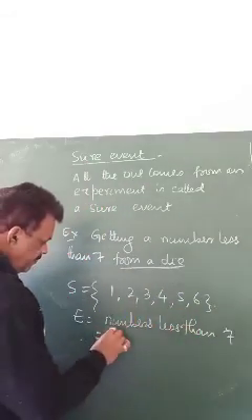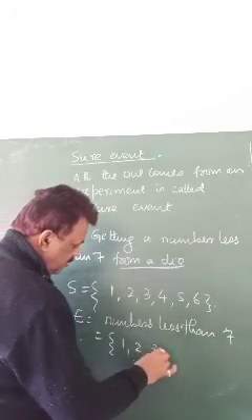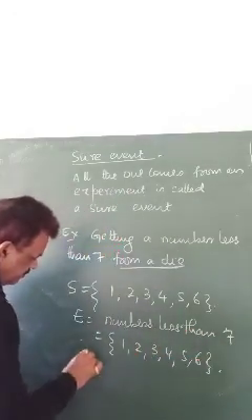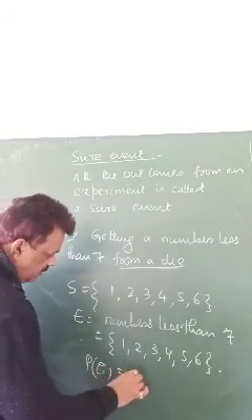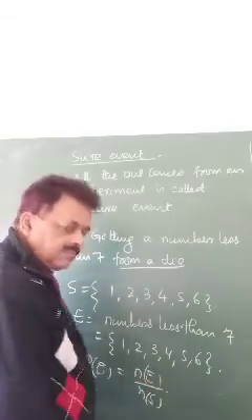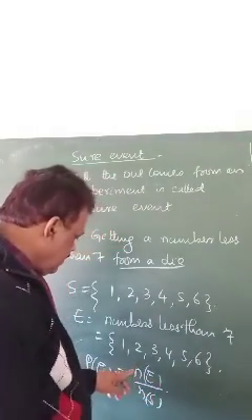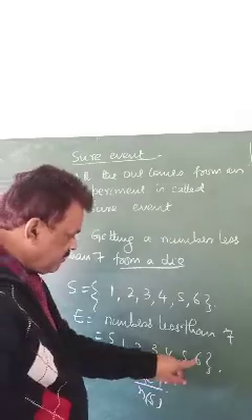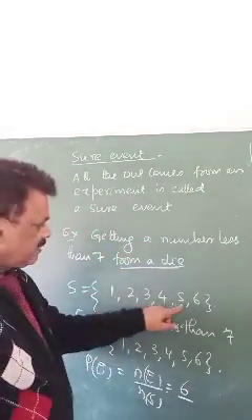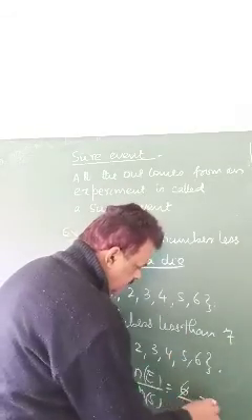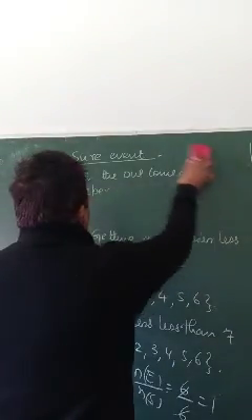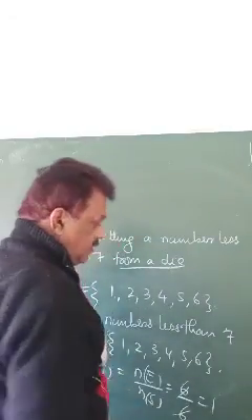So you have to take 1, 2, 3, 4, 5, 6. That means probability of E is what? The number of E by number of S. Number of E, look here. How many? 1, 2, 3, 4, 5, 6. It is 1. So you got a formula. Probability of a sure event is 1.